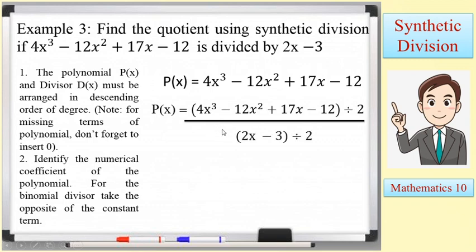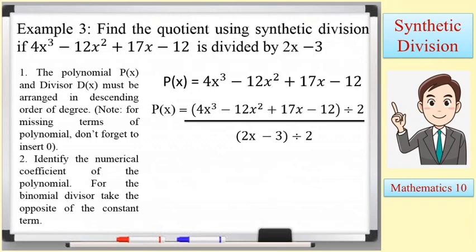Bakit natin i-divide sa 2? Kasi meron tayong 2 na value ng a. Kinakailangan nating i-divide yung ating polynomial at yung divisor natin para ang maging divisor lang natin ay x. Kasi kapag hindi natin i-divide yung ating p of x at yung divisor natin, hindi natin mahanap yung tamang sagot para sa quotient at ganun din yung remainder natin.